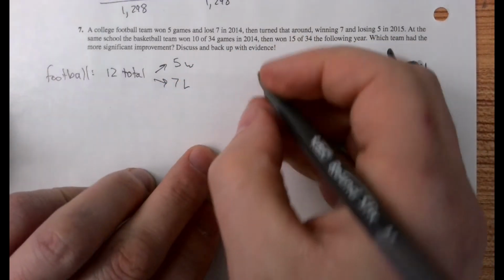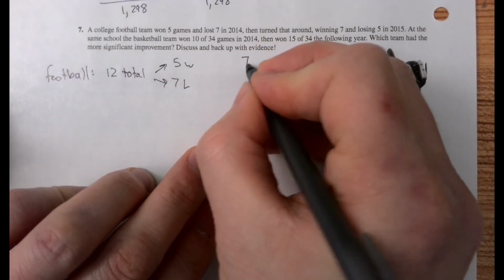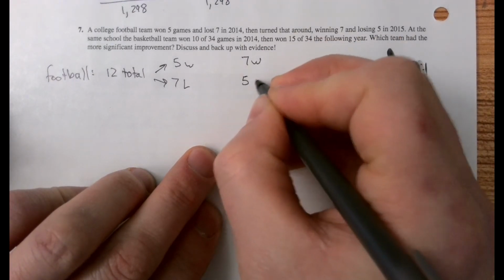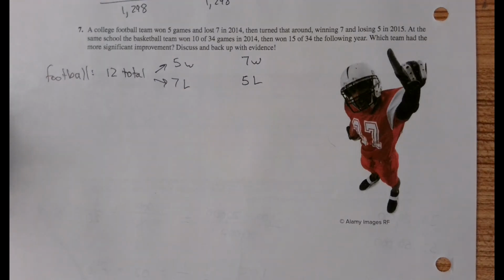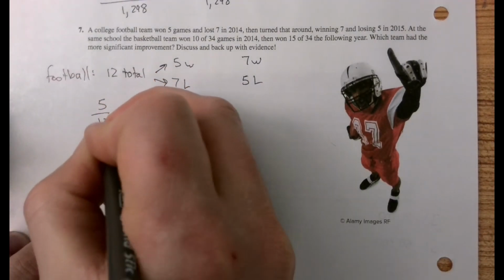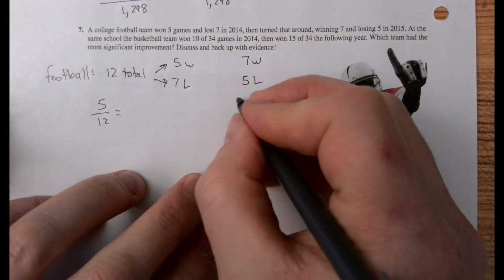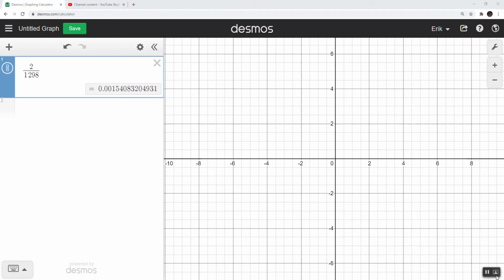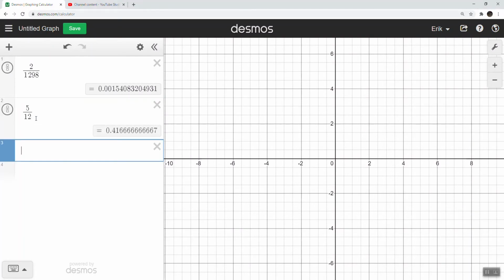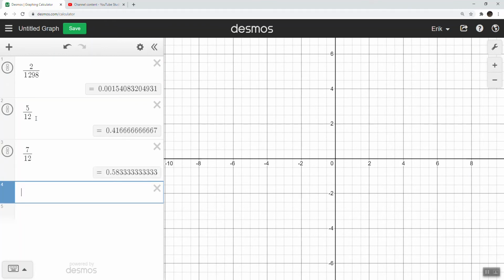And then the next year, they won 7 and they lost 5. So we could do percent winning. So we could do 5 over 12 equals something versus 7 over 12. Let's get those numbers real quick. 5 divided by 12 and 7 divided by 12.